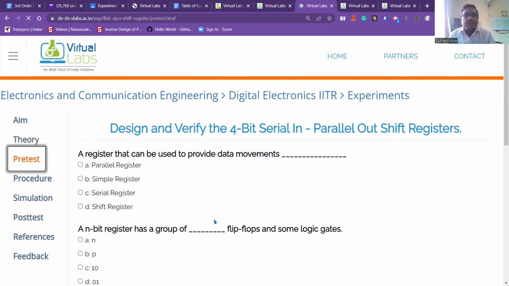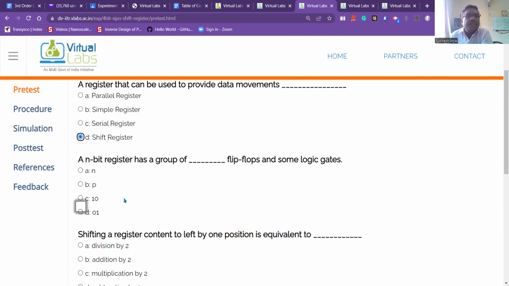Before seeing how it works, let us attempt the pre-test. A register that can be used to provide data movement is called a shift register, that is option D. An n-bit register has a group of n flip-flops and some logic gates.